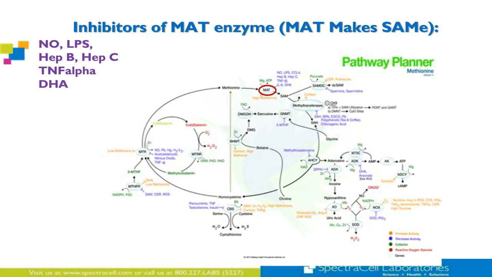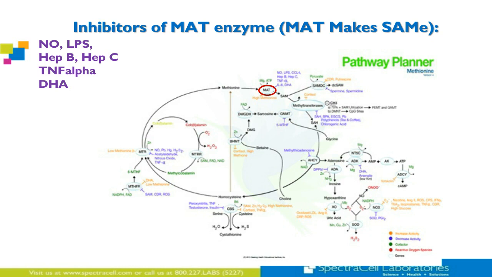And by no means are these all the inhibitors, but these are some of the inhibitors that research has shown us. And I just want to put a plug in for understanding. We know what we know. We don't know what we don't know. And as time goes on, we find out that there's more and more that we don't know.